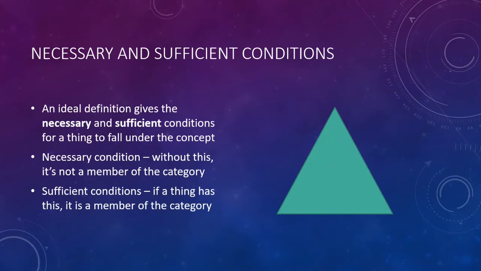So if something doesn't have three sides, having three sides is a necessary condition for something to be a triangle. You don't have three sides, you don't get to be a triangle. And then the whole list of things all together is sufficient. So if you have all the features of a triangle, then you're a triangle. It's enough.